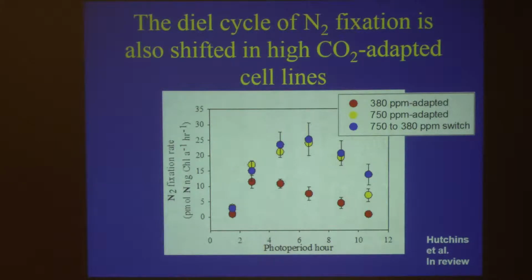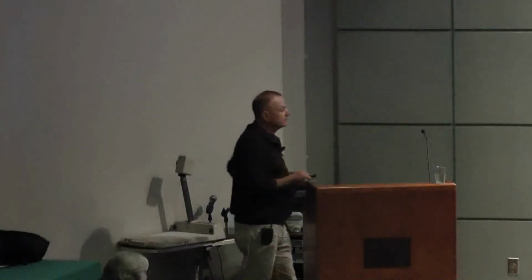So one of the things we're looking at right now is clock genes and seeing if they have something to do with this. Cyanobacteria are the most primitive organisms that have a true circadian rhythm. And there's a lot known about their clock genes. And this is one thing we are looking at.